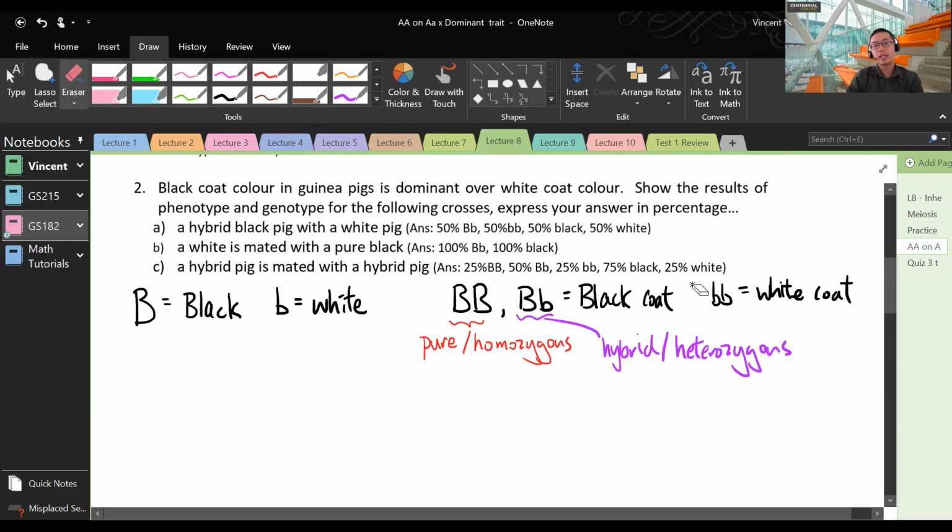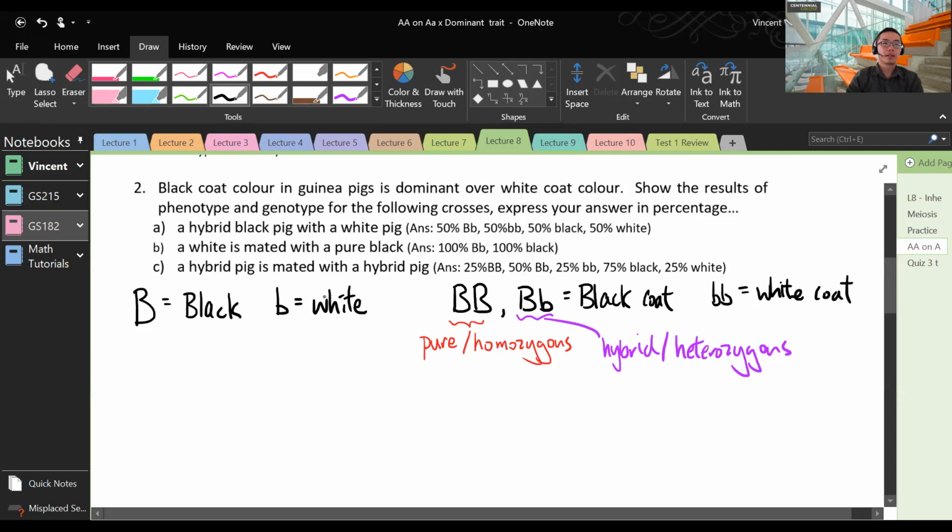The recessive trait is always homozygous. Okay, because that's the only way for it to show up. Right. So if I give you a guinea pig and it's a white guinea pig, you know for certainty that it is going to be small b, small b. If I give you a black guinea pig and I ask you what's the genotype, genotype means the genetic makeup, right? You won't be able to tell whether it's big B, big B, or big B, small b.